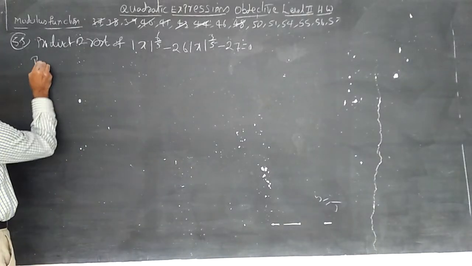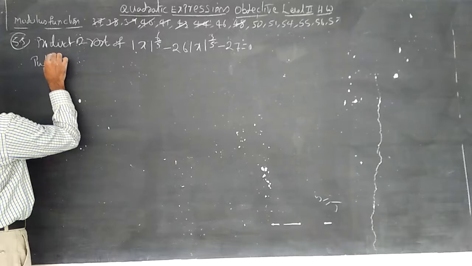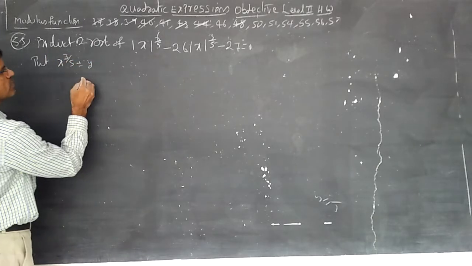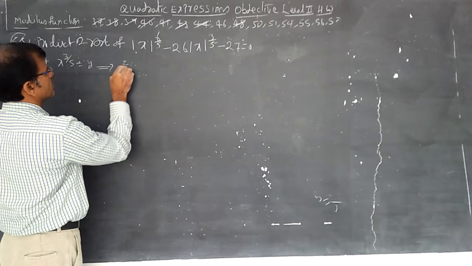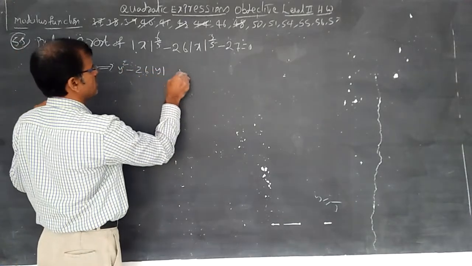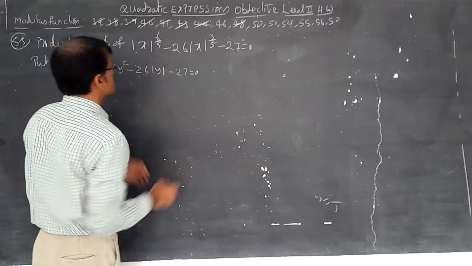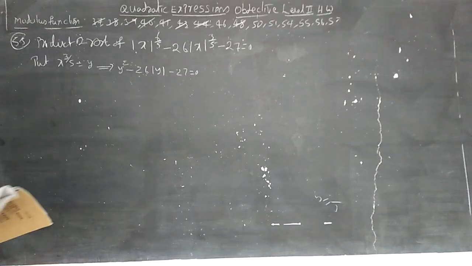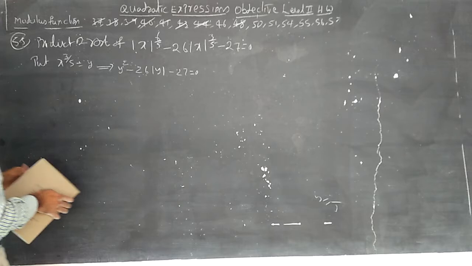Put modulus of x power 3 by 5 equal to y. You can write here y square minus 26 into mod y minus 27 equal to 0. Okay, he did not discuss regarding the condition. 26 into modulus of x power 3 by 5.